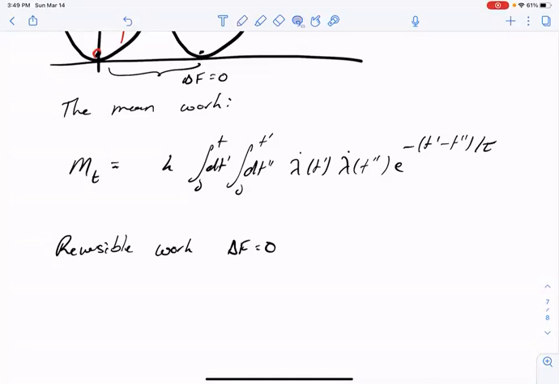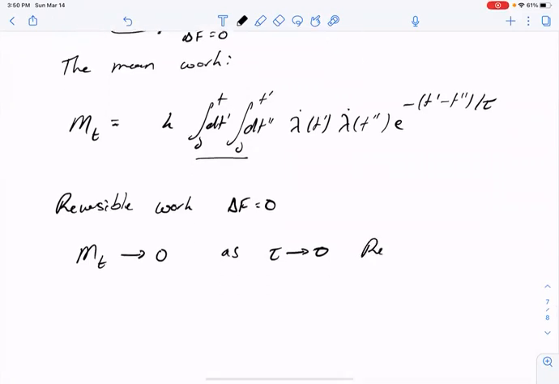The alternative, however, is that the mean work will go to 0 as tau goes to 0. If the system relaxes infinitely quickly, there is no domain over that integral. The area under that two-time integral becomes 0. It becomes so exponentially fast.